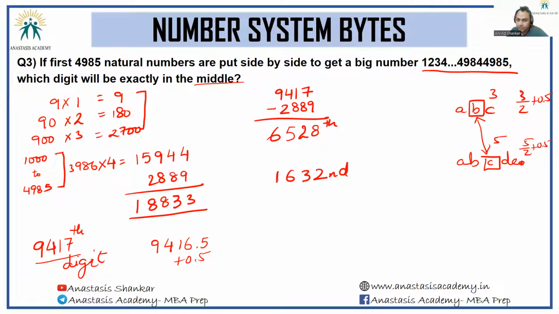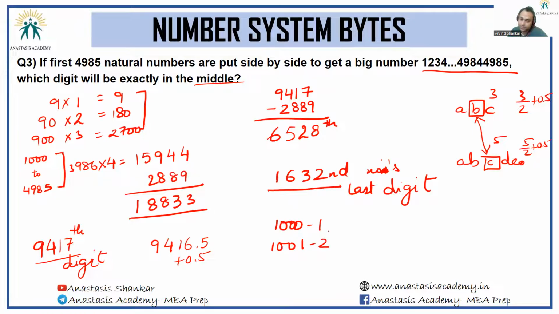I'm looking for the 1632nd number's last digit. So among the 4 digit numbers, I need to identify the 1632nd number. 1000 is the first number, 1001 is the second number.